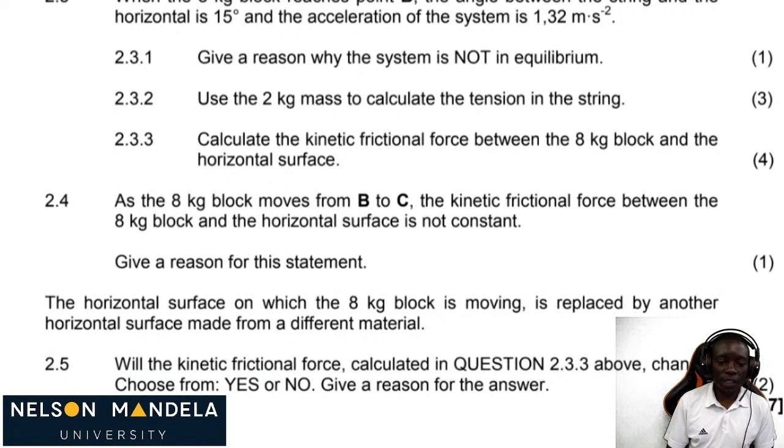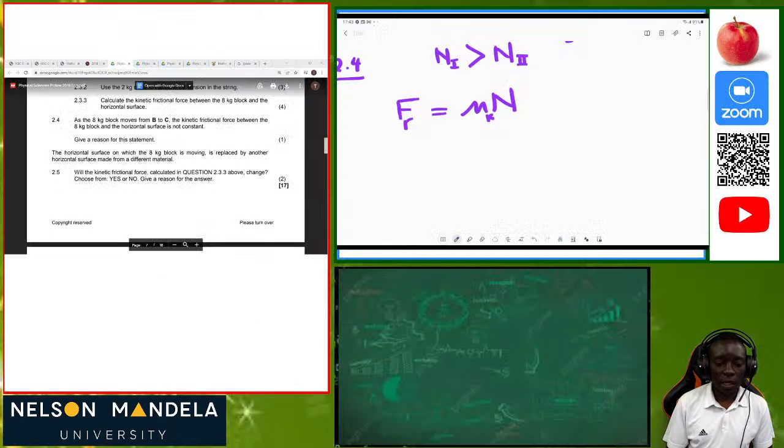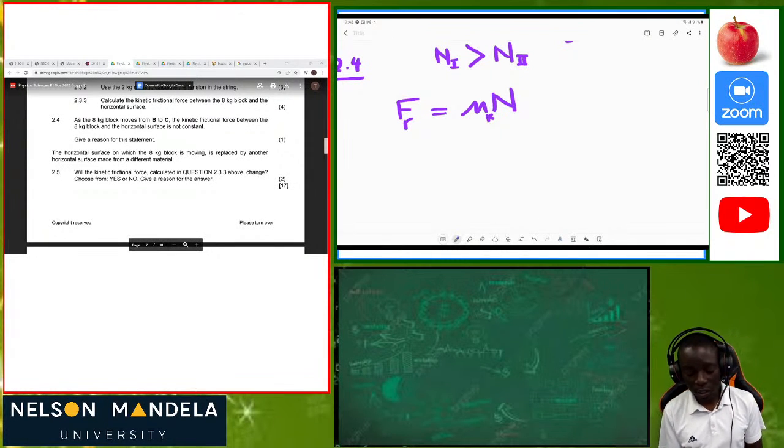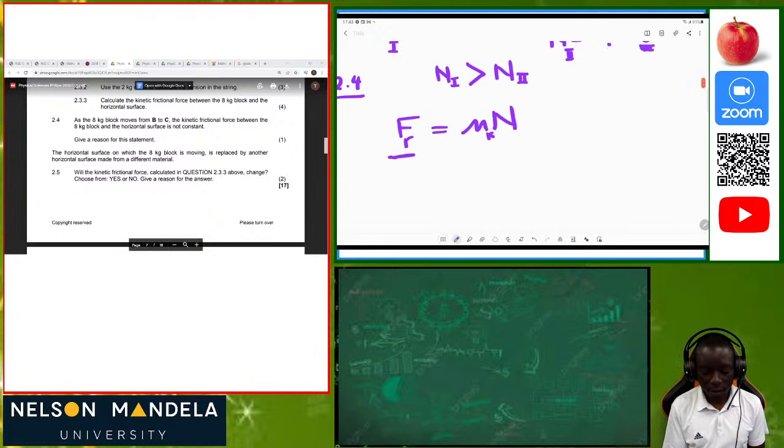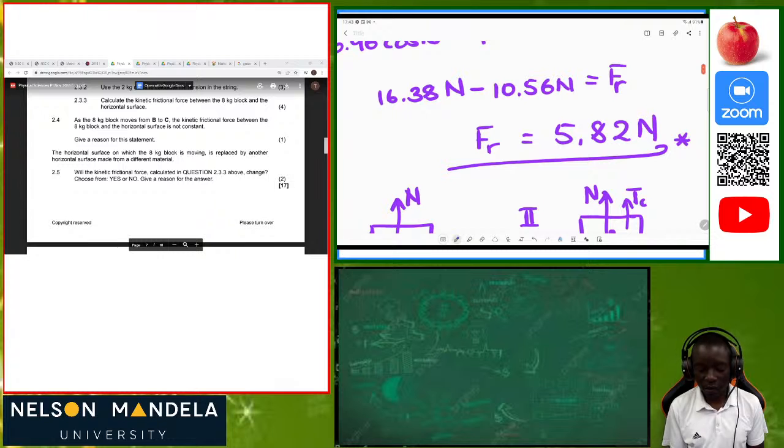Will the kinetic frictional force calculated in question 2.3 above change? Choose from yes or no and give a reason for your answer. So when the surfaces change, will this friction that we calculated here change, and you give a reason for it.